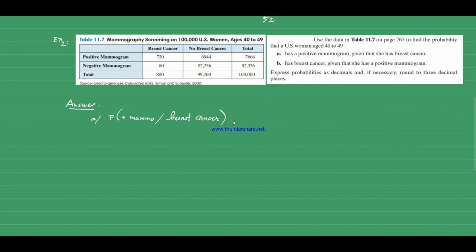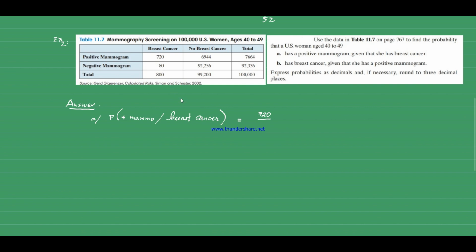Okay, let's see. We want to find the cardinality of the intersection between these two events right here. Positive mammo and breast cancer, we have 720. So the answer will be 720 over the cardinality of this event, the breast cancer, the condition.